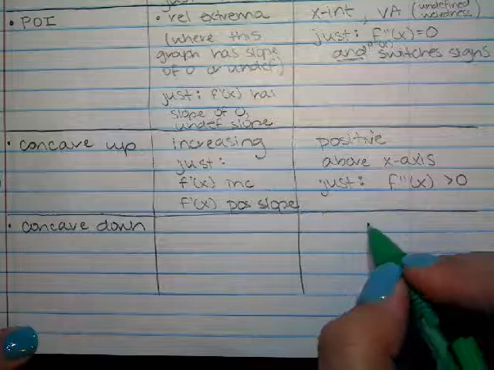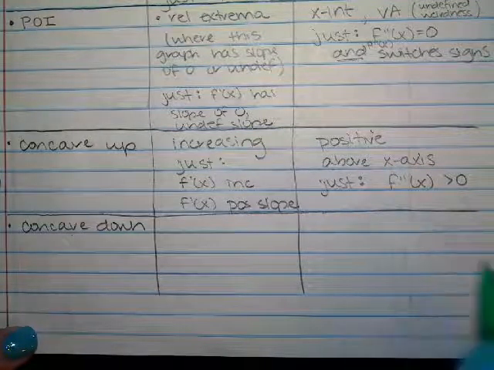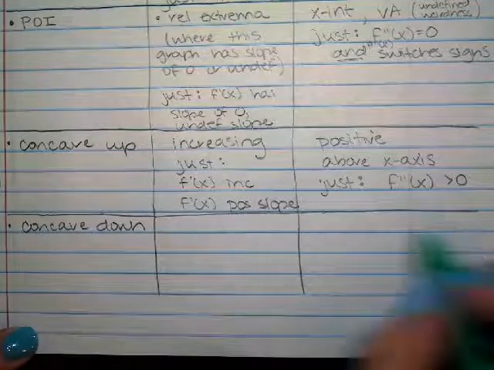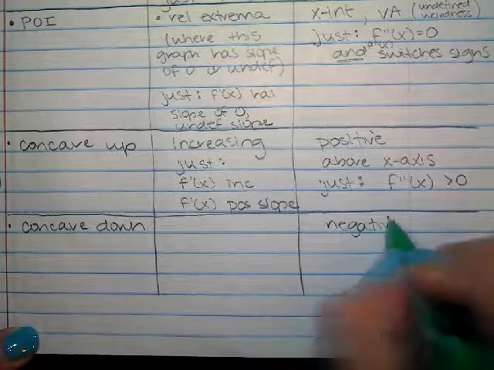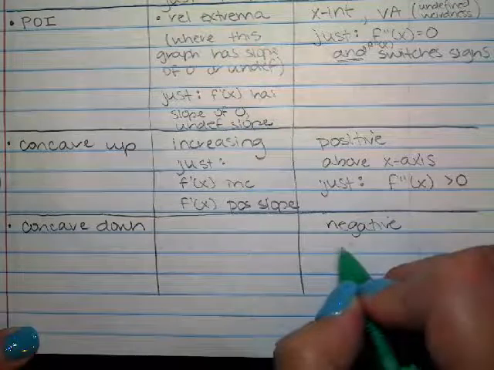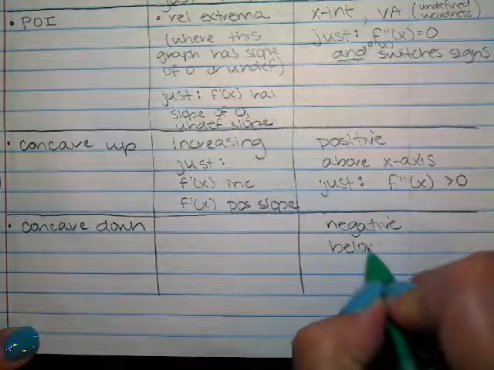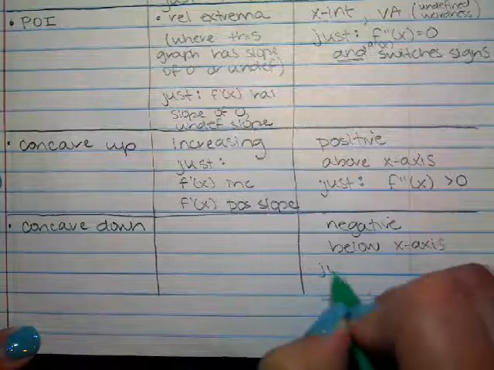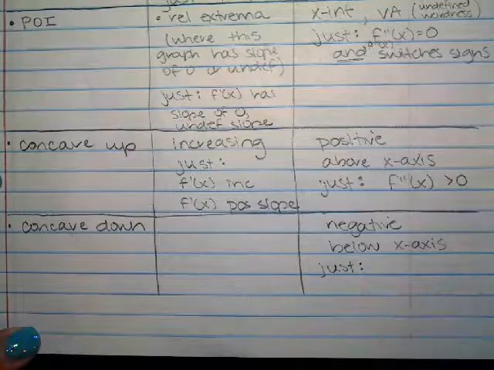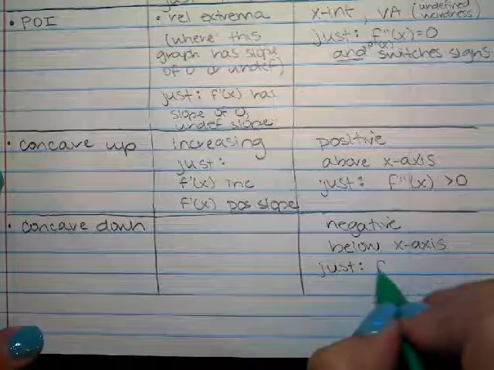Negative outputs, which means that our values are below the x-axis, and our justification for an FRQ is f double prime of x is less than 0, or we could say f double prime of x is negative.